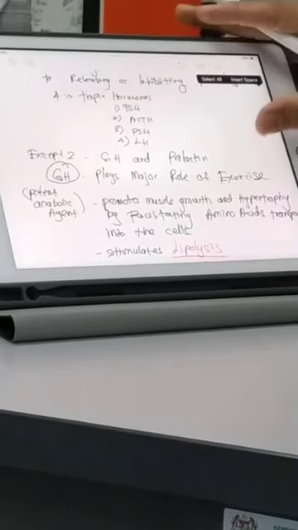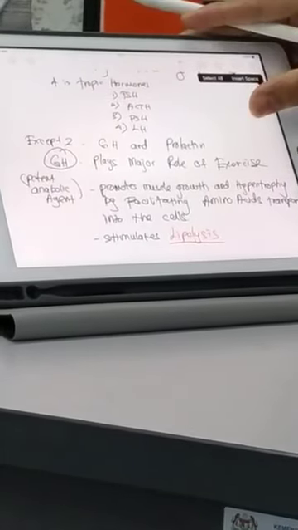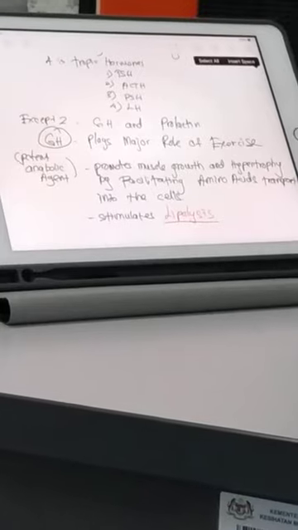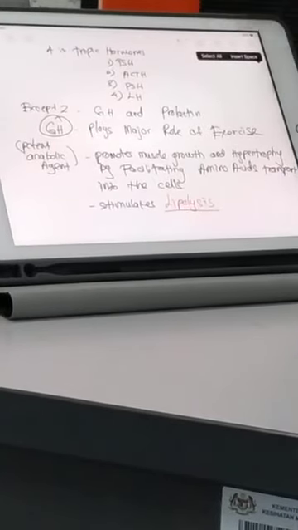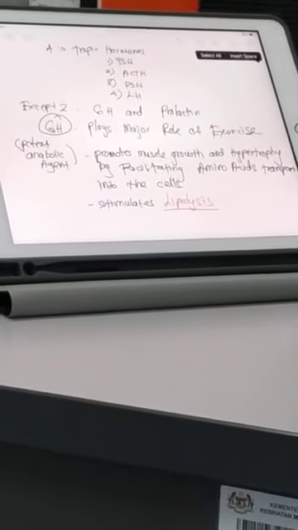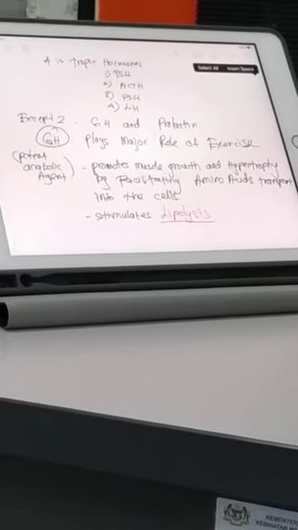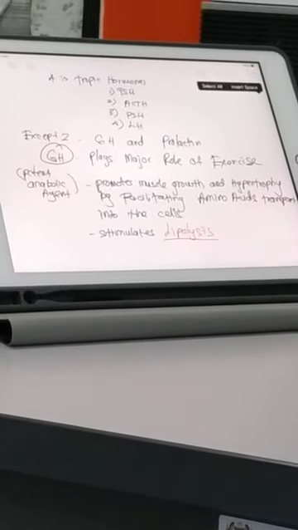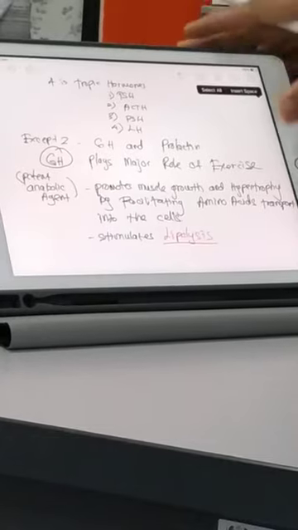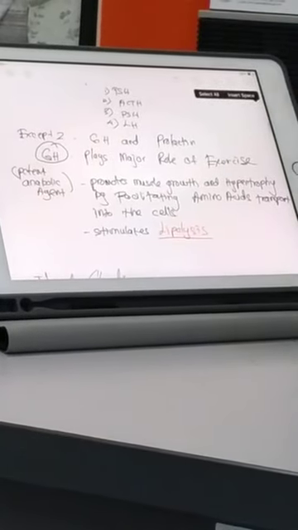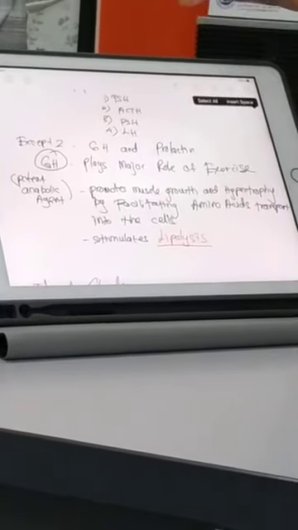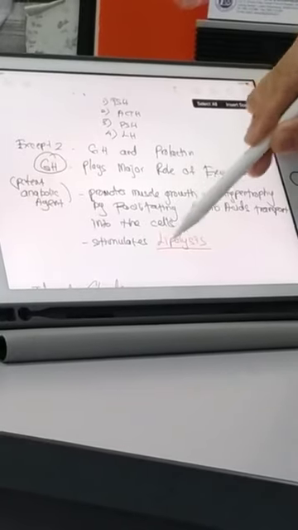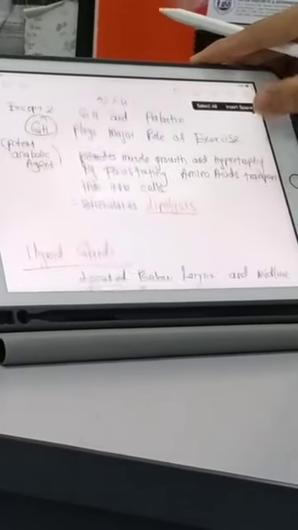In this topic, we only focus on growth hormone, which is an anabolic agent. During exercise, it promotes muscle growth and hypertrophy by facilitating amino acid transport into the cells. The second role of growth hormone is in the process of lipolysis.